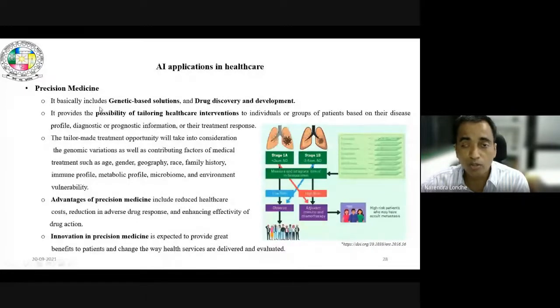As I told you about some of the applications, precision medicine is a system which helps decide precisely the medicine to be given to the patient.